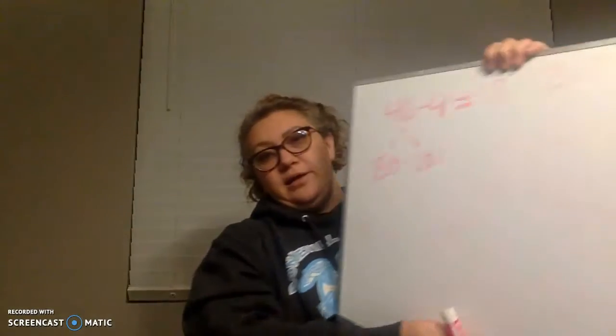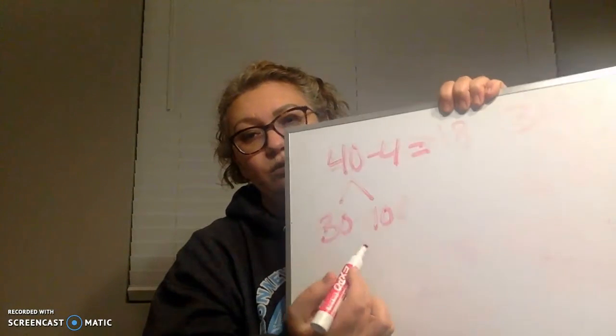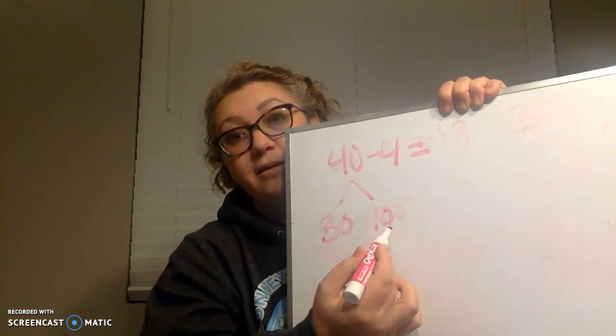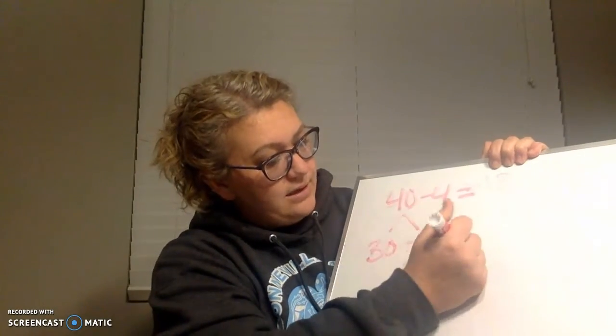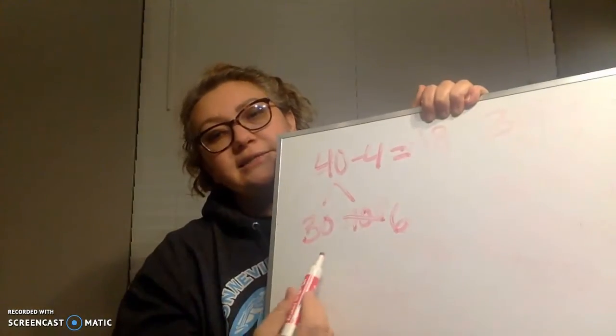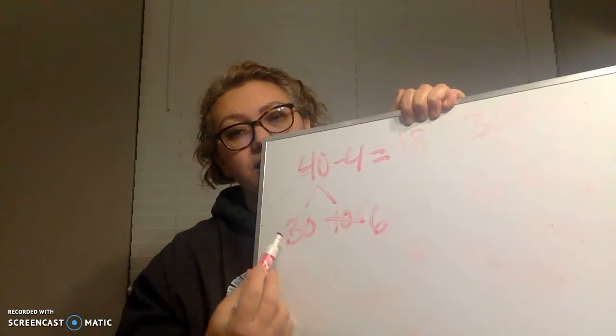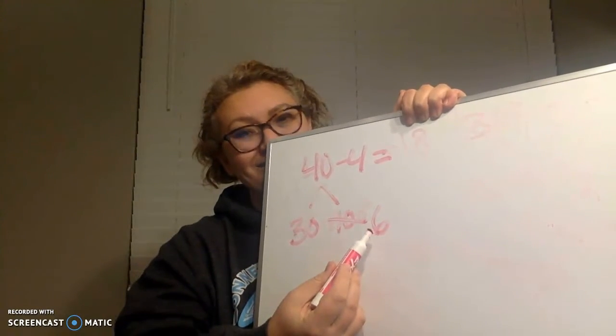Then the next step is I'm going to use that 10 to go 10 minus 4, which equals 6. So then my answer is down here, 36, because 40 minus 4 equals 36. Is this making sense?